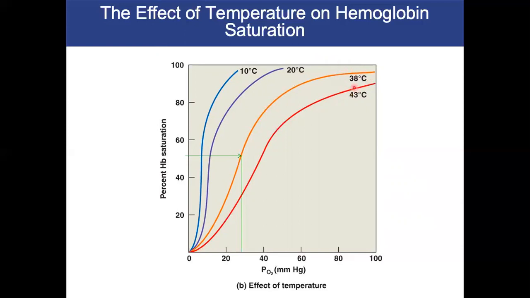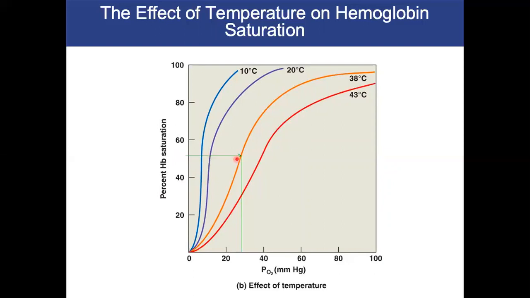That is our body temperature, right? So that's normal body temperature. The red line is when body temperature is elevated. The purple line is when body temperature is lower. And then the blue line is severely low, okay? I picked 50% because that's where you can see a big difference in all of these.